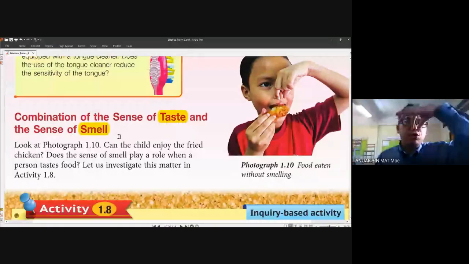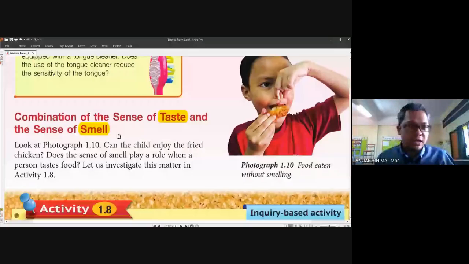Okay, you cannot close your nose and then eat. You will feel nothing. Okay, you must smell. The sensory organ inside the nose will also feel the smell, and then when you put the food inside your mouth and you taste it, it is also working together with the smell, so that the food we eat will taste delicious.